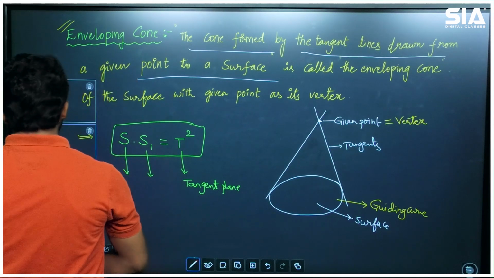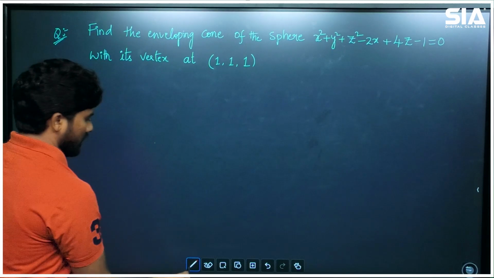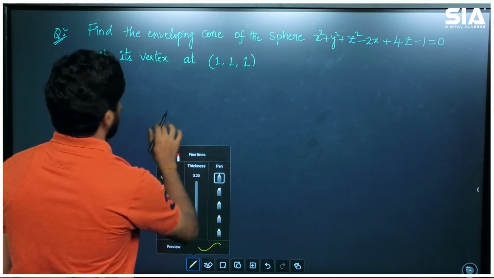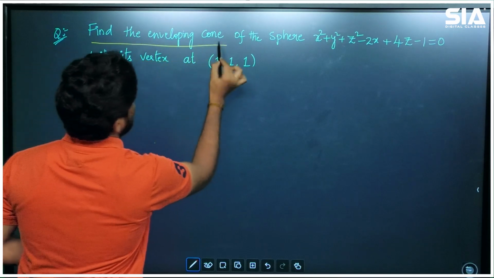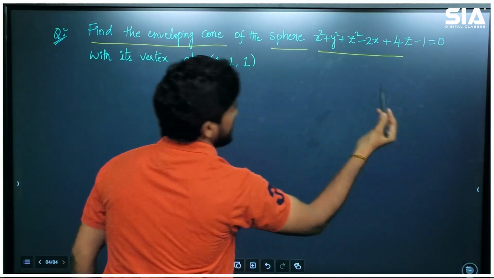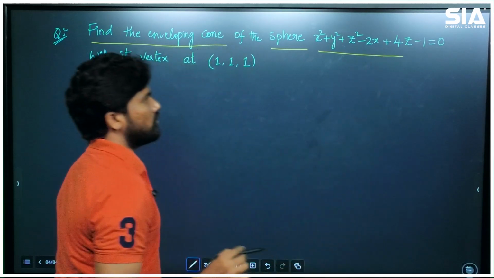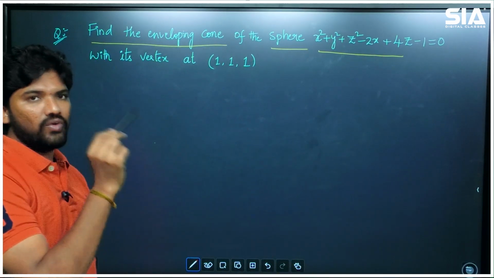Now we are going to see the problem based on the enveloping cone. Observe carefully, this problem is very important, repeated many times in the examination. Find the enveloping cone of the sphere x square plus y square plus z square minus 2x plus 4z minus 1 is equal to 0 with its vertex at (1, 1, 1).